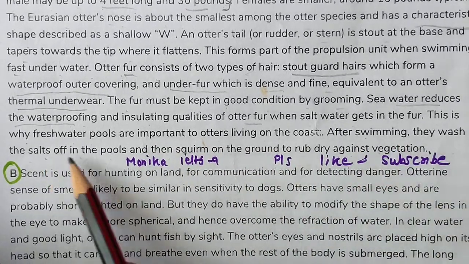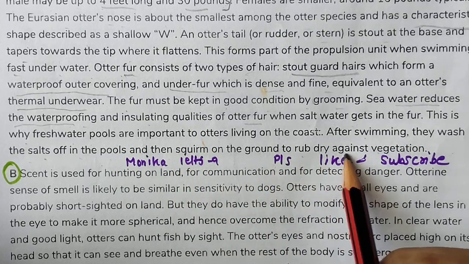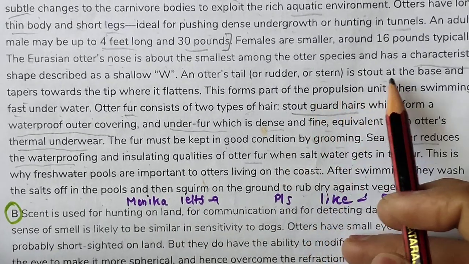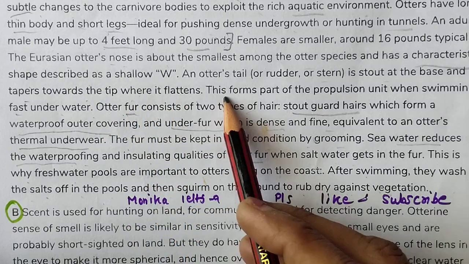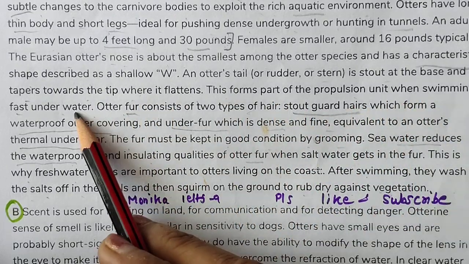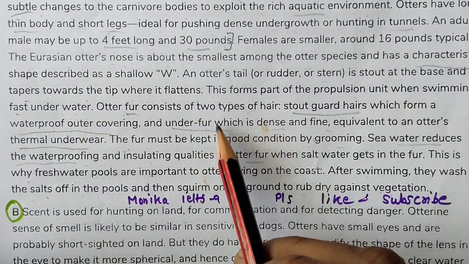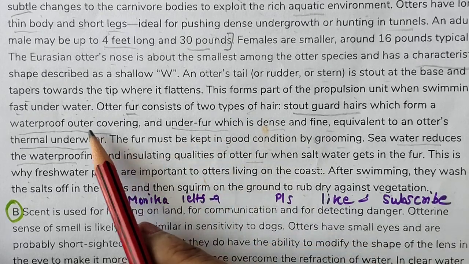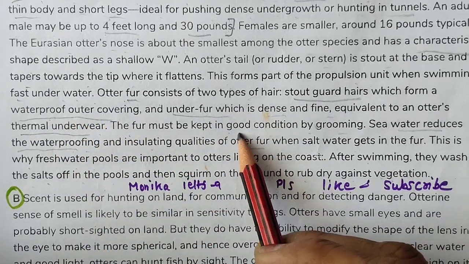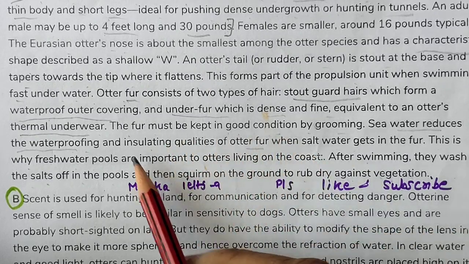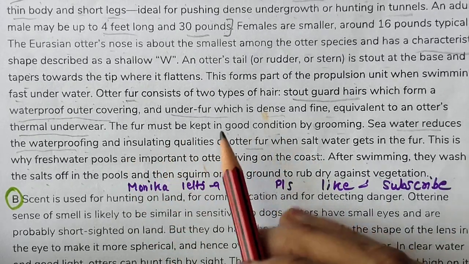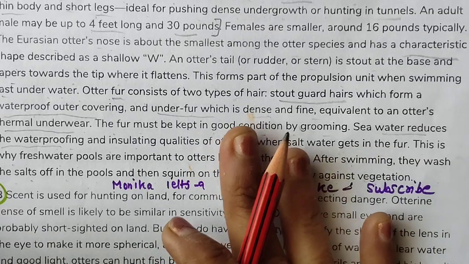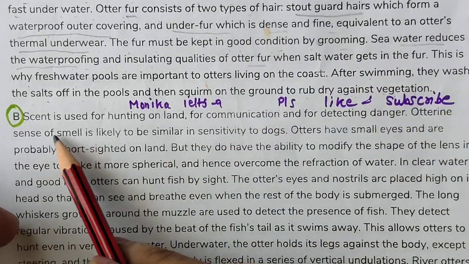After swimming, they wash, rub against vegetation. Okay, let's leave it, because at this moment I am not finding it. Good condition by grooming. No, I'm not getting any clue for anything. Okay, let's move on to the next B paragraph.